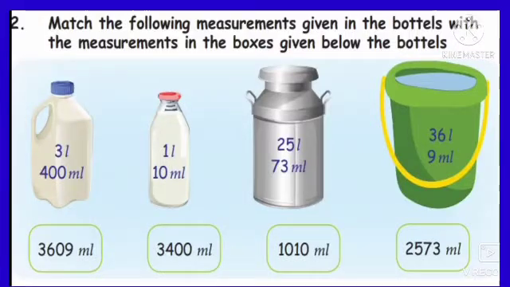Children, now we are going to see exercise 3.2 problems. Children, exercise 3.2, second problem. Match the following measurements given in the bottles with the measurements in the boxes given below the bottles. Children, here 3 liter 400 milliliters, and this bottle measures 1 liter 10 milliliters, 25 liters 73 milliliters, and this bucket 36 liters 9 milliliters.